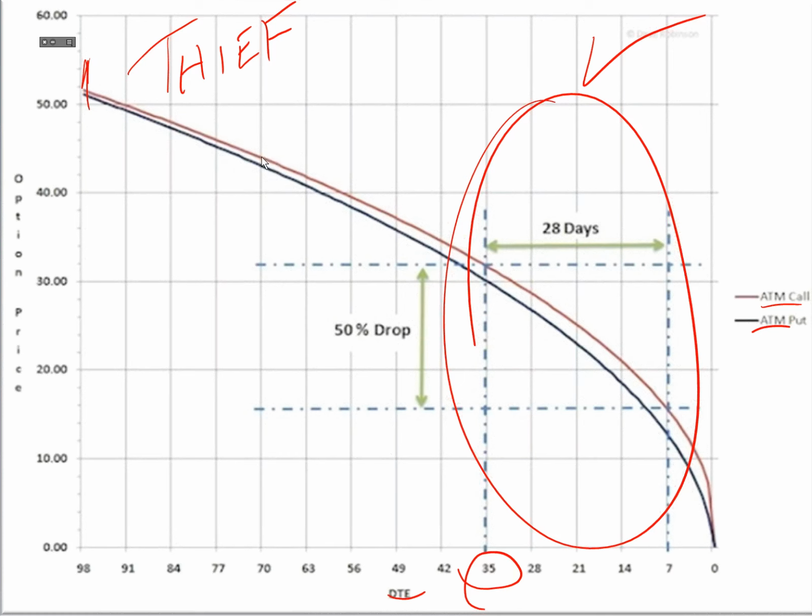What happens to this line is as volatility starts increasing and decreasing, you can see it kind of does that to those premiums. If this line is a conceptual representation of what our option prices are, what happens is those premiums get pumped up. And then when that volatility comes out, it catches up to the curve.